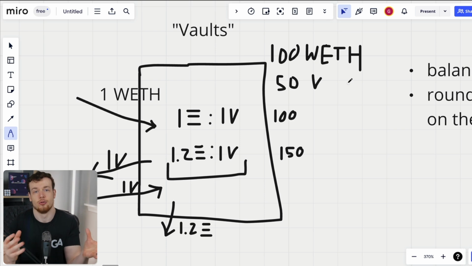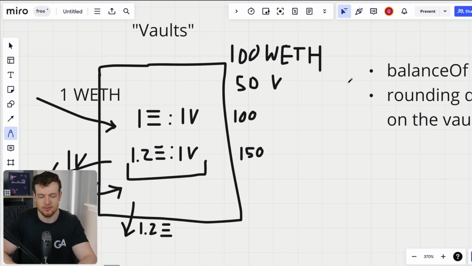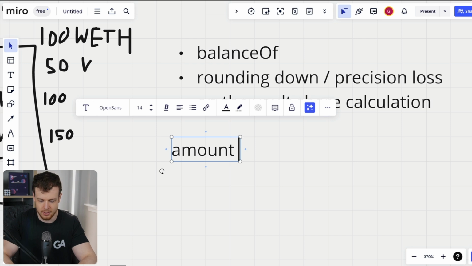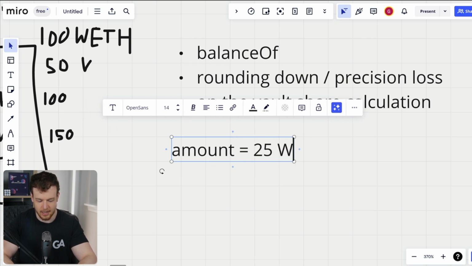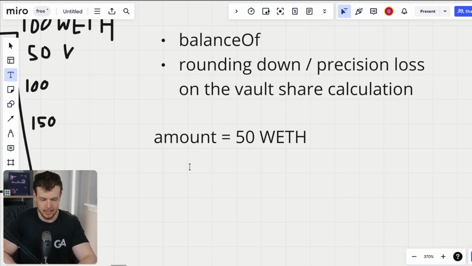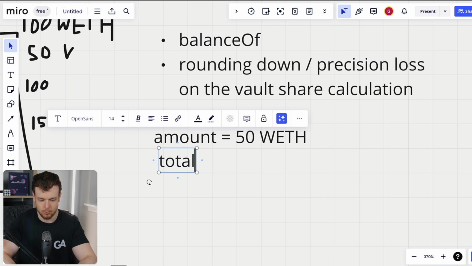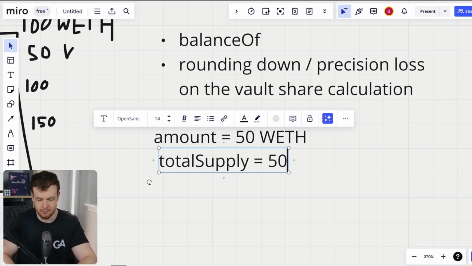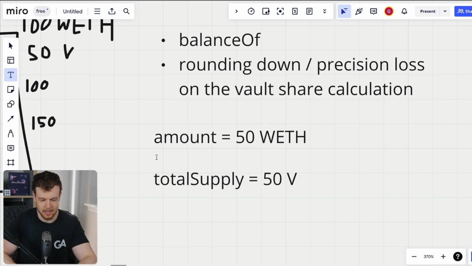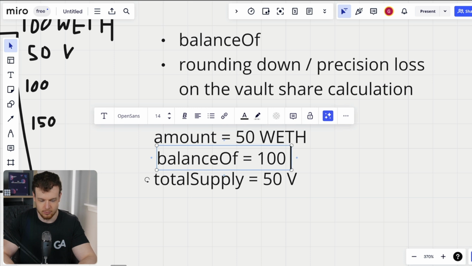And then let's say I want to deposit 50 wrapped ether into the system, and then we need to compute in the smart contract how many shares of the vault token I should get for depositing those 50 wrapped ether. So let's walk through it. My amount is equal to, I think I said 50 wrapped ether, and we already have a total supply for the vault token of 50 vault token, and then balanceOf is 100 wrapped ETH.